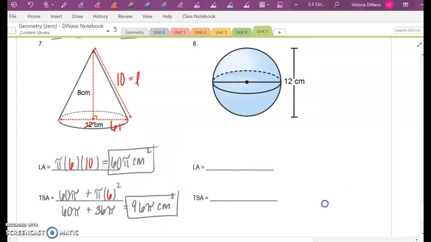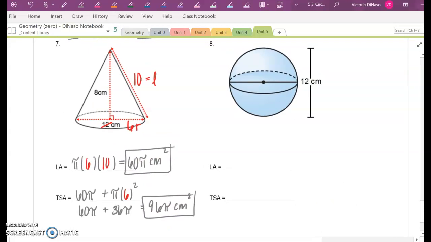And then finally, this last one, we have a sphere. Notice that we have this length on the outside, which means that this whole thing from top to bottom is 12. 12 ends up being the diameter. What we have to do is cut the 12 in half and get both sides, which are 6. So the radius equals 6.